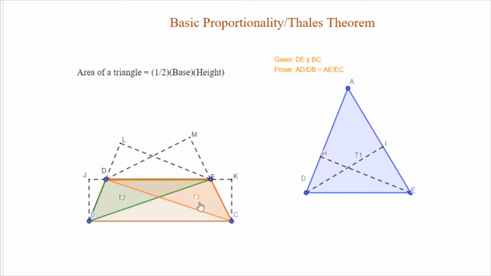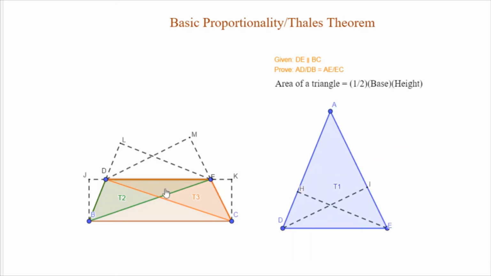Similarly, for triangle T3 or CDE, if you take DE as the base, then CK would be the height of the triangle. If you take CE, or EC, as the base, then DM is the height of the triangle CDE.